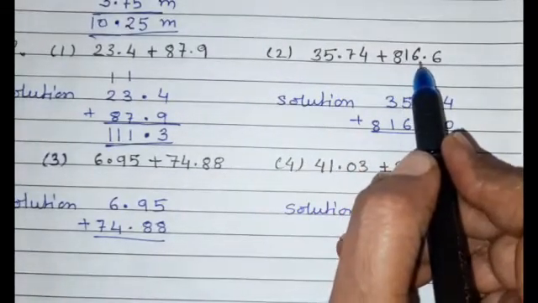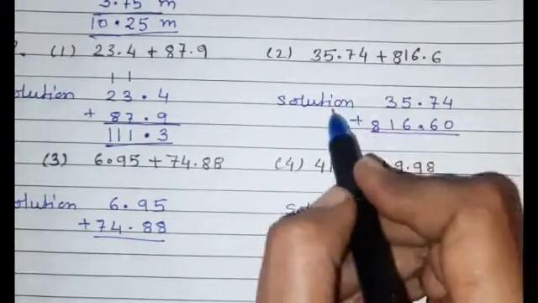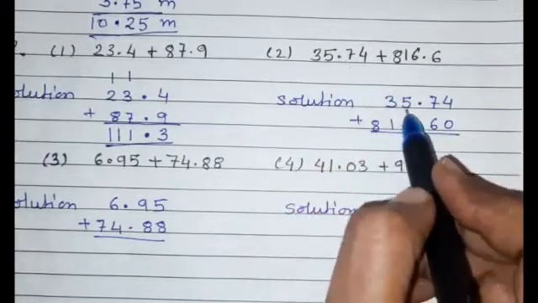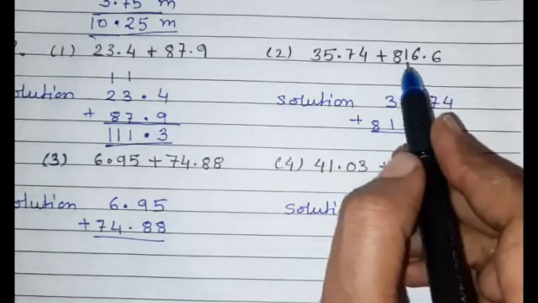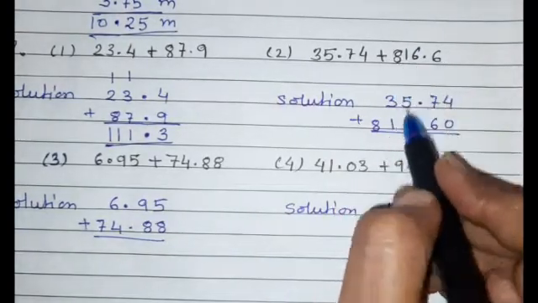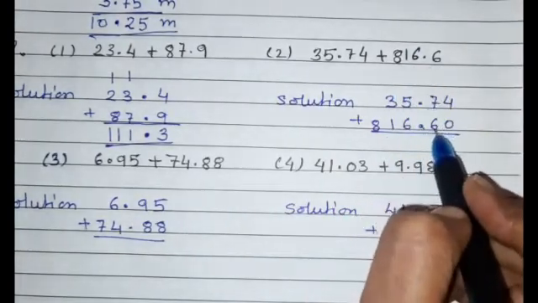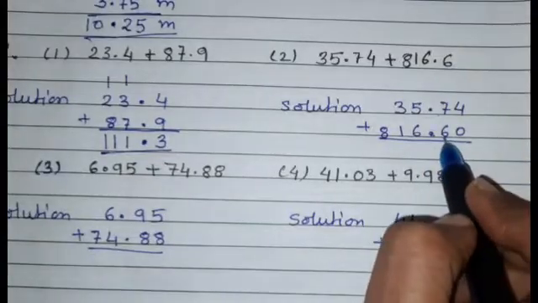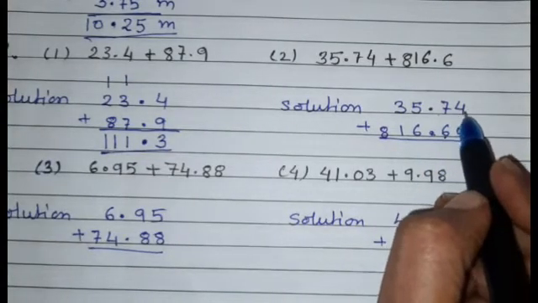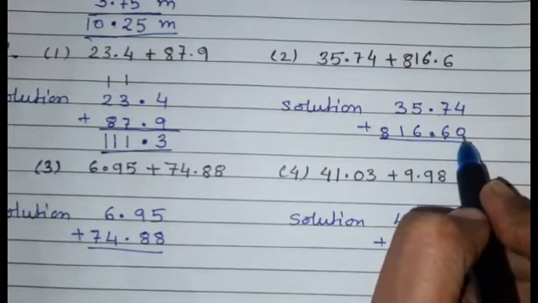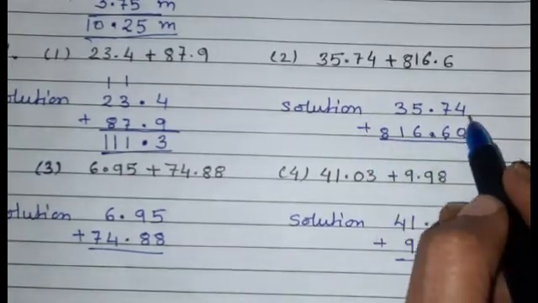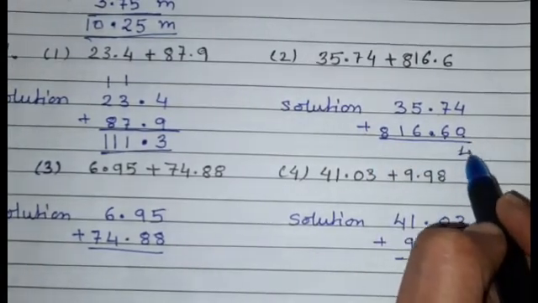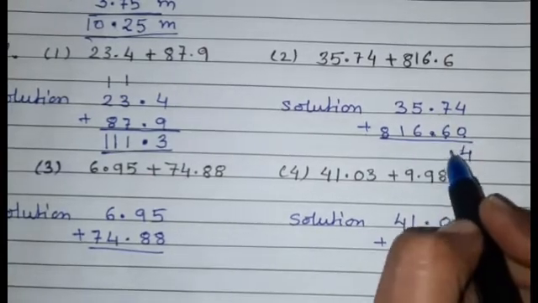Second one, 35.74 plus 816.6. Now solution, first 35.74 and second number is 816.6. After point is 6 and here is 2 digits, so we put here 1 zero more. Now add both the numbers. 4 plus 0 is 4. 7 plus 6 is 13.